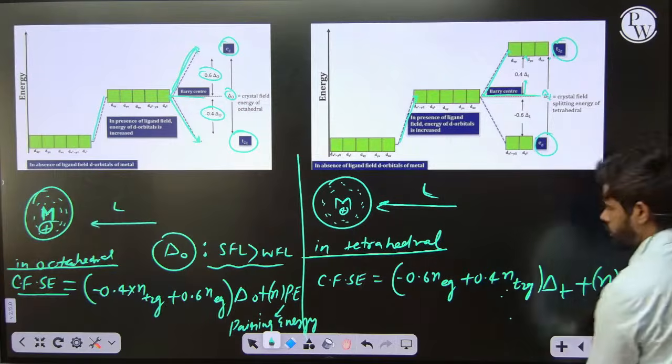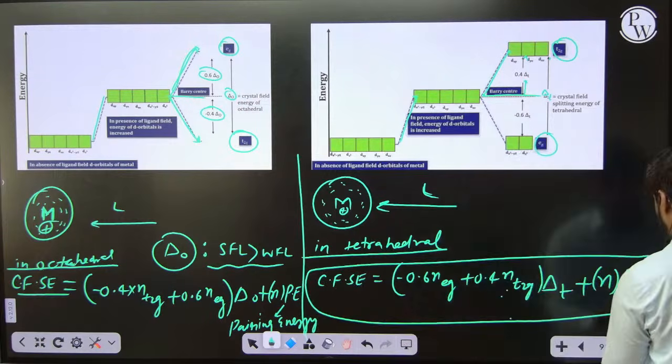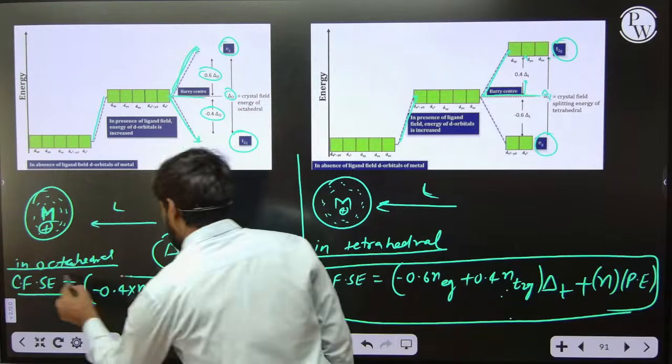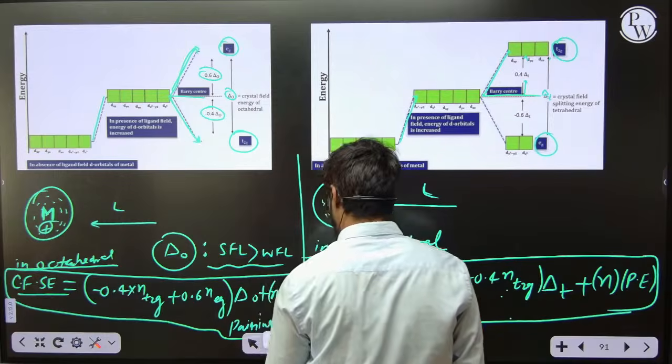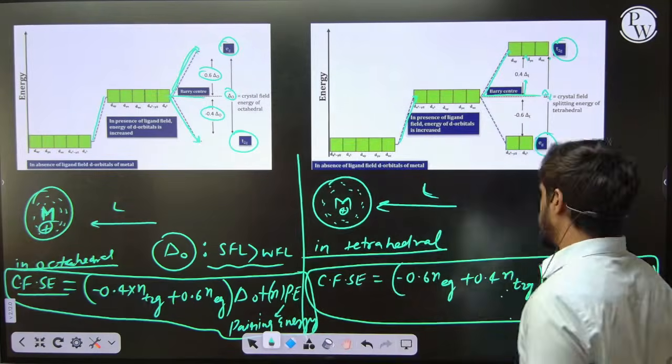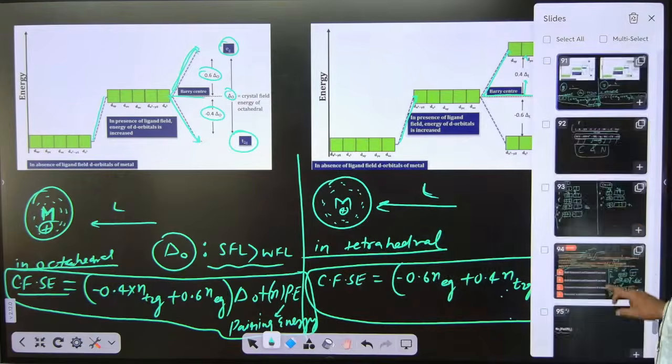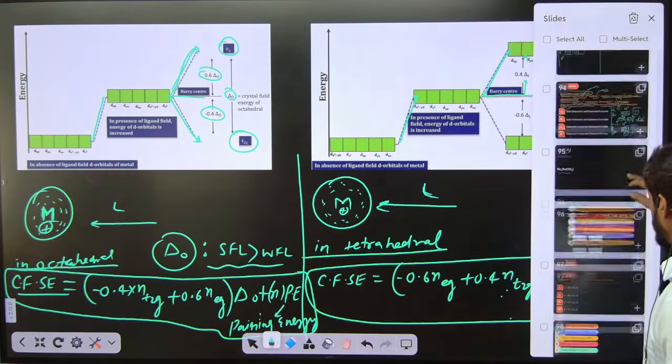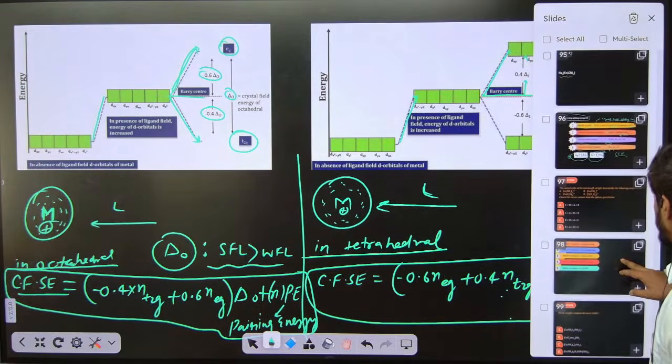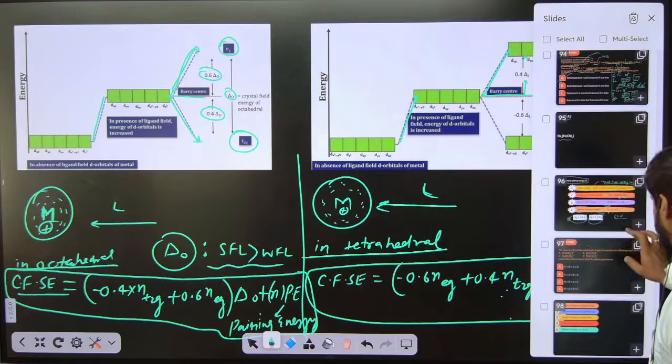So by this way we can find the CFSE value for both complexes. If we can find this one, then we can say the first thing, that is this one.